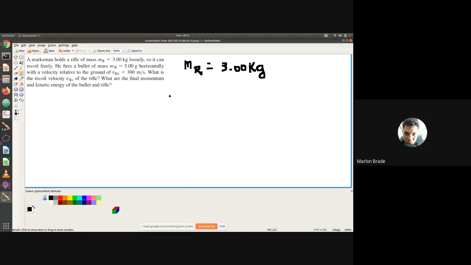So, ang mass sa imong bala is 5 gram. Pila ang 5 gram? So, that is 0.005 kilogram, right? Horizontally with a velocity relative to the ground of VBX equals 300 meters per second. So, the velocity of the bullet is equal to 300 meter per second. So, what is the recoil velocity?